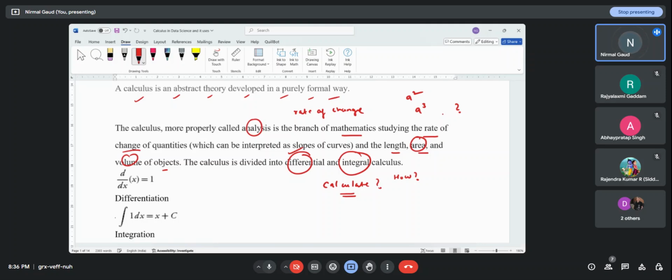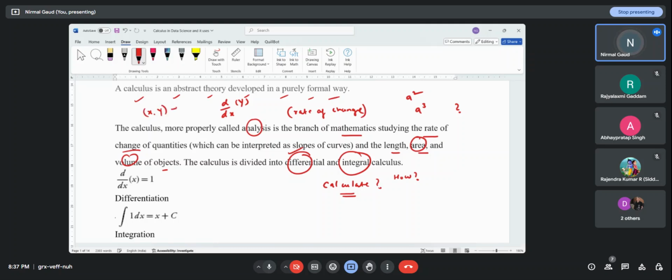Also, if I need to talk about rate of change, that is the part of calculus which we call differentiation. That is d by dx. That is the differentiation. So rate of change of y with respect to x. That's what we say. So we have two quantities, x and y.